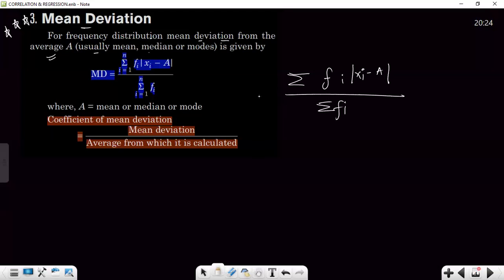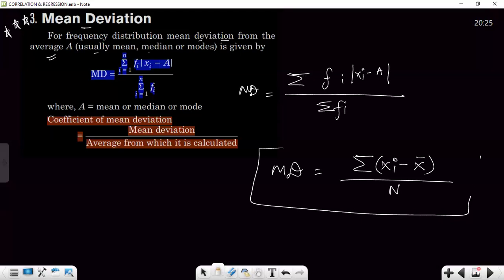Should I write it in a different format? Mean deviation. It will be easier for us to understand. Sigma of modulus of Xi minus mean, divided by n, where n is the total number of observations.